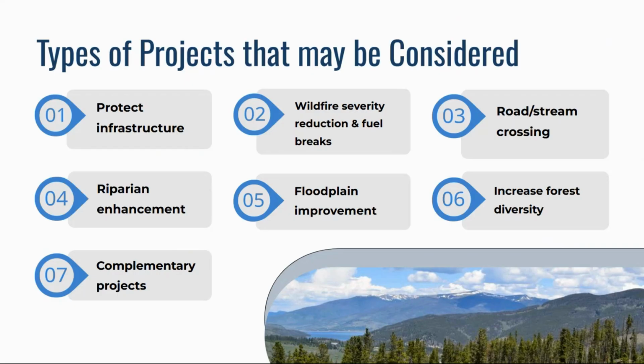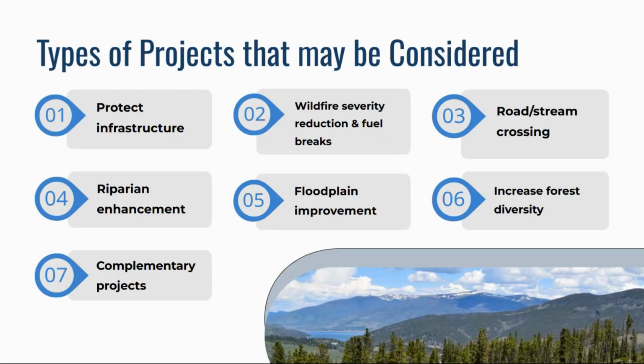Riparian enhancement and floodplain improvements are basically looking at, some of you might have heard the term beaver dam analogs, BDAs. That's the hot new thing, but really we're looking at the whole stream, the floodplains, riparian areas, so the vegetation by streams and the flat parts by streams.